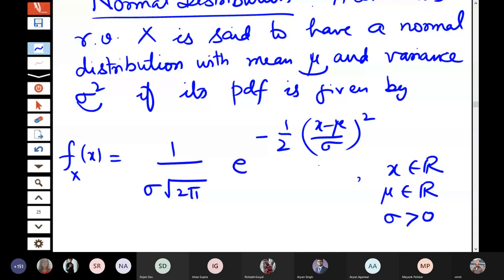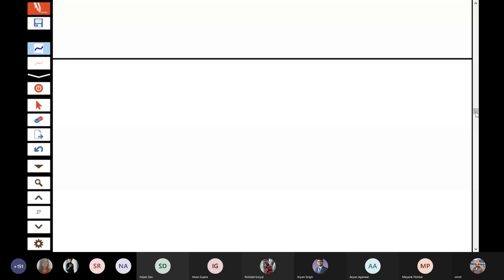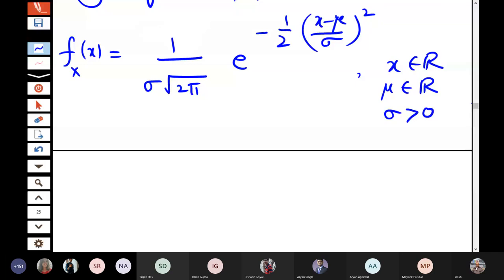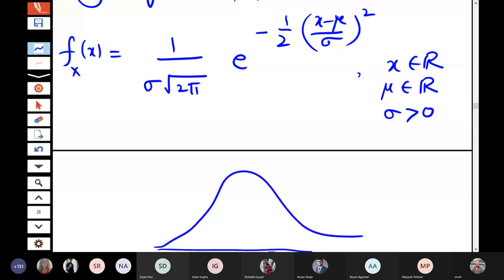So firstly we would like to look at the shape of this. Easily you can see that it is symmetric about mu.